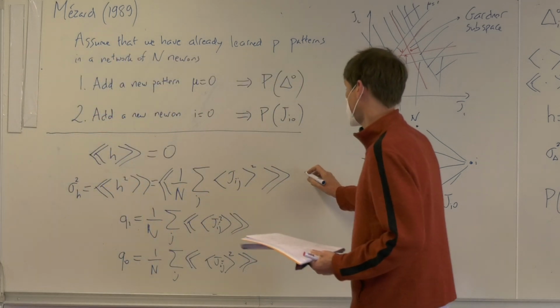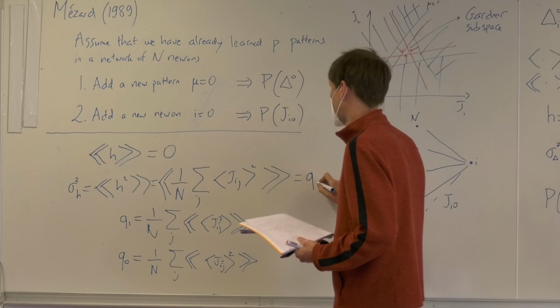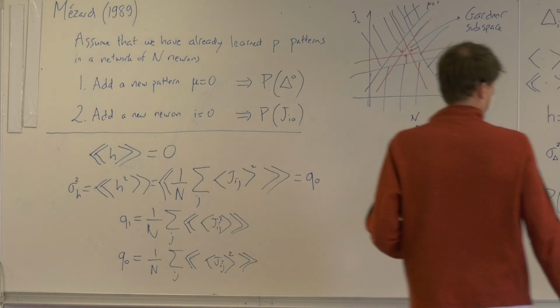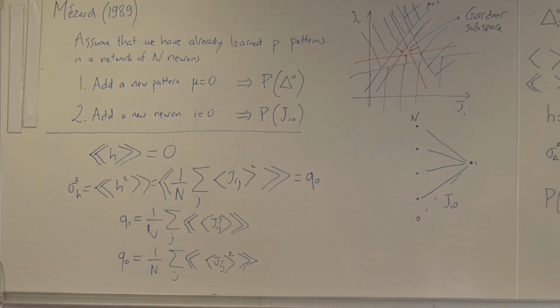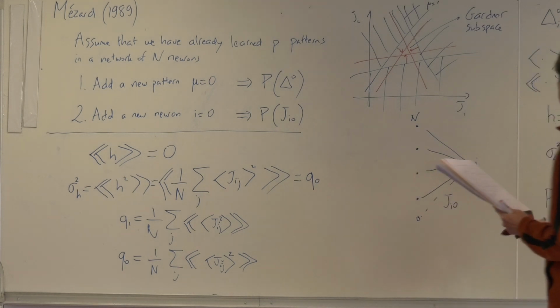So sigma squared h is nothing else but Q0, and sigma squared delta is nothing else but Q1 minus Q0. Okay? All right.